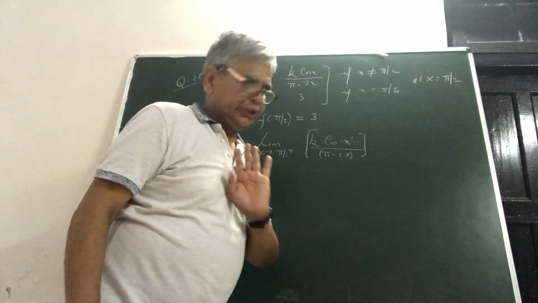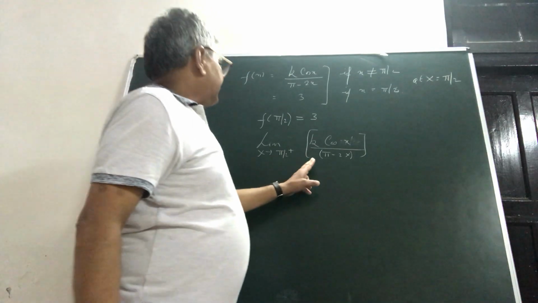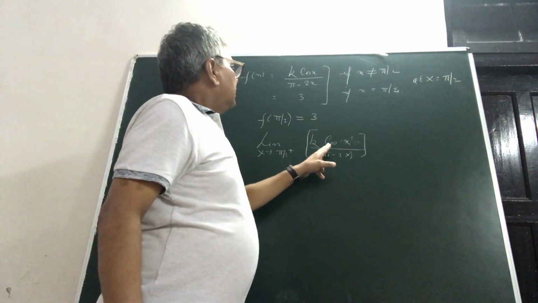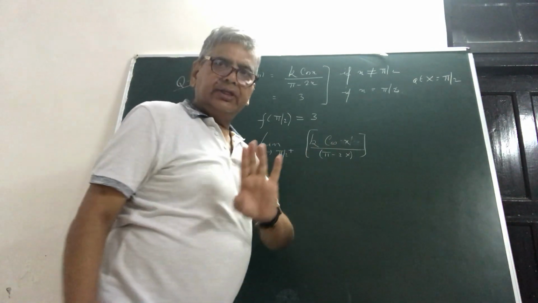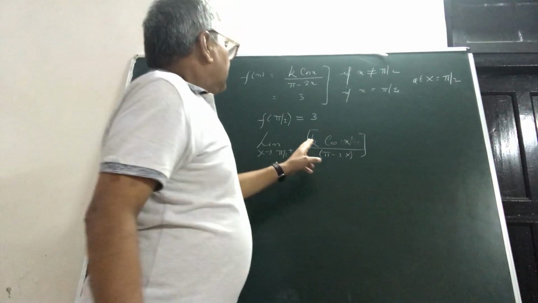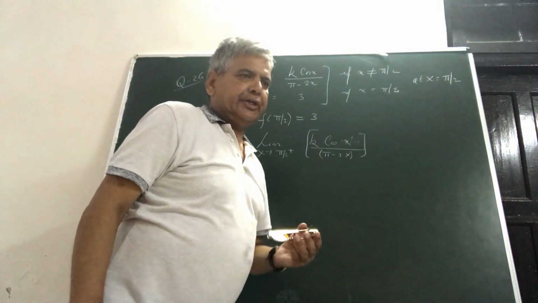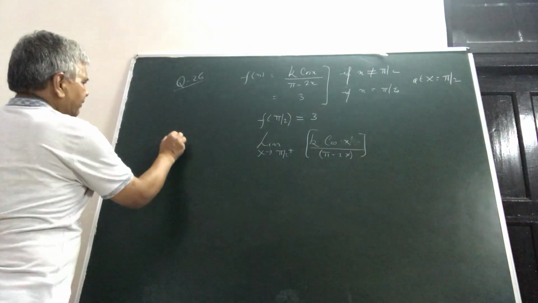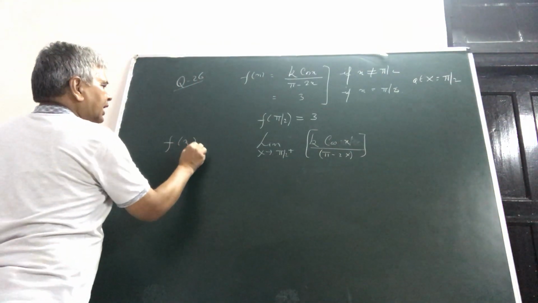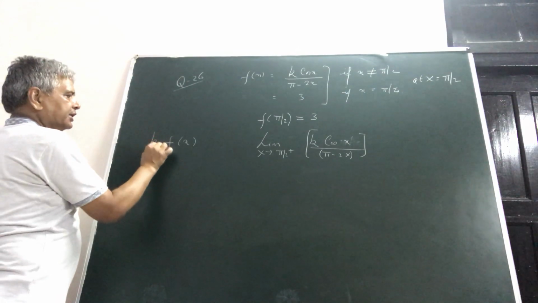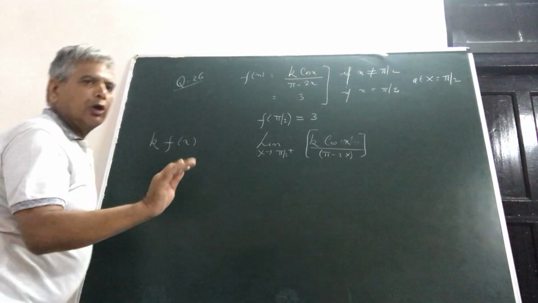First we have to make sure of this. Yes, cos x is a continuous function. We know it. And when a continuous function is multiplied with a constant, that is, if f(x) is a continuous function and k is some constant, then k f(x) is also continuous.